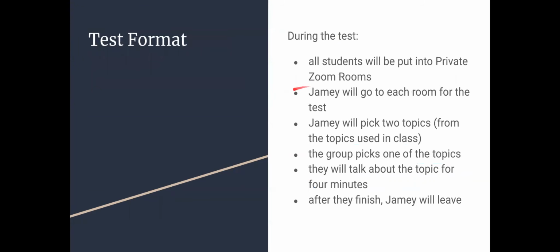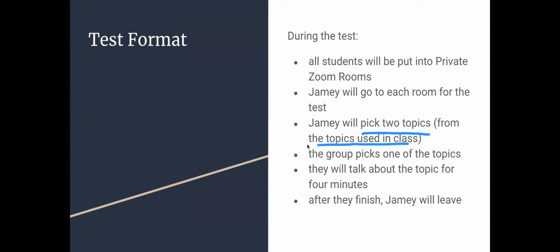Now, for the test, the way it works is all students are put into private Zoom rooms, just like the chat activity. I will go to each of the private rooms and I will give the test. For the test, I will pick 2 topics from the topics that we used in class. Okay, so these aren't going to be new or surprising topics.